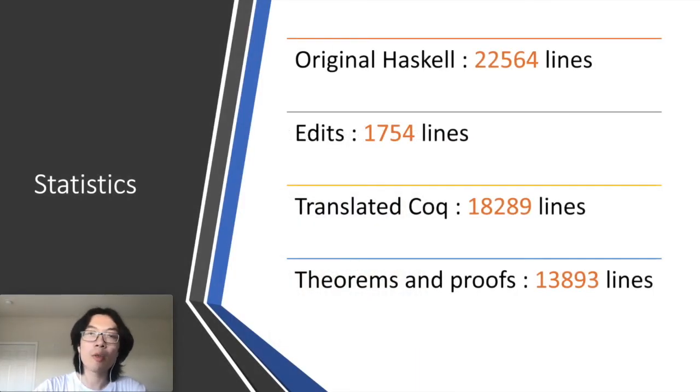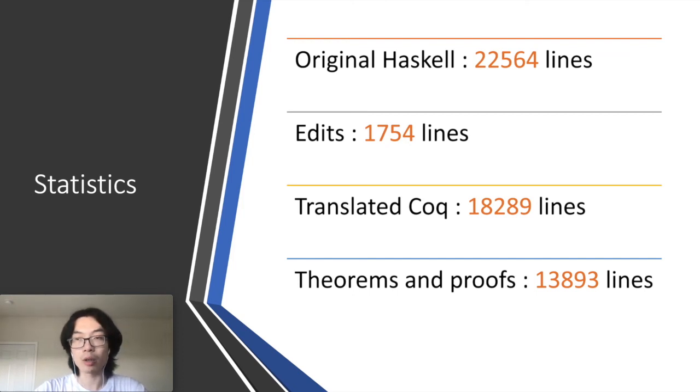We have identified the Haskell modules that are relevant to the properties we want to reason about in GHC. These modules consist of over 22,000 lines of Haskell code. And we use hs-to-coq to mechanically translate these Haskell modules. This translation is guided by over 1,700 lines of edits. This results in over 18,000 lines of translated Coq code.